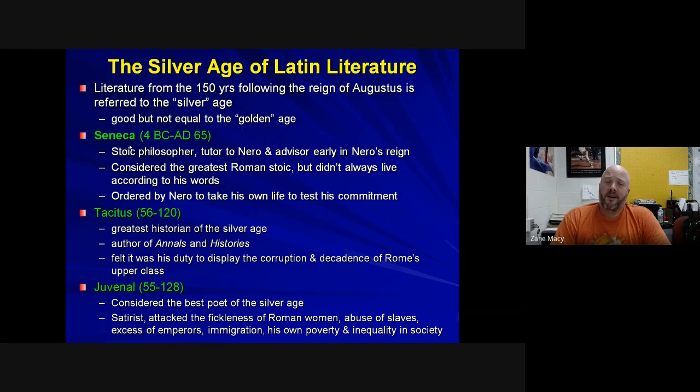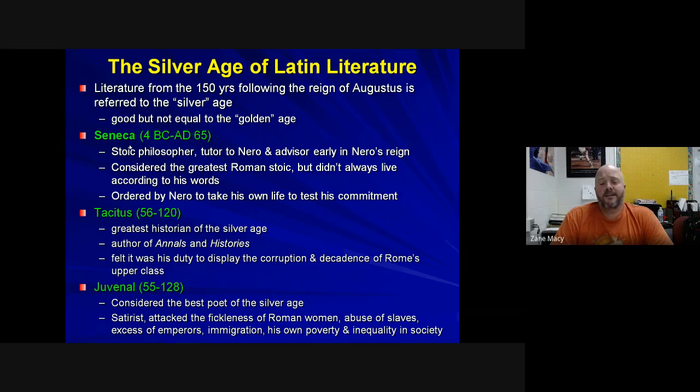Whereas the corruption in the Roman government, Augustus would have wanted to get rid of that corruption, but he wouldn't have wanted a spotlight shined on it. So certain aspects of Tacitus's writing would have gone well with Augustus. Other aspects might not have.